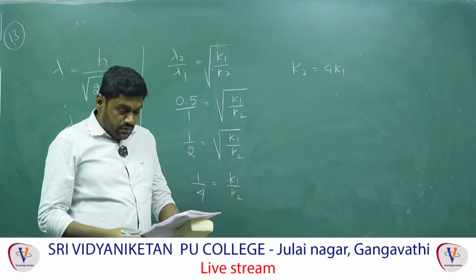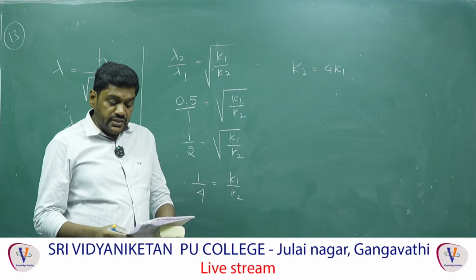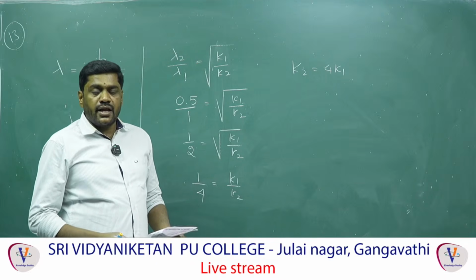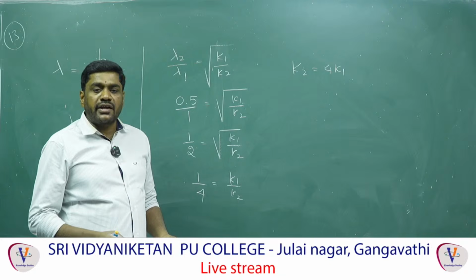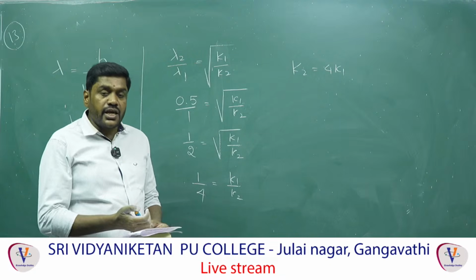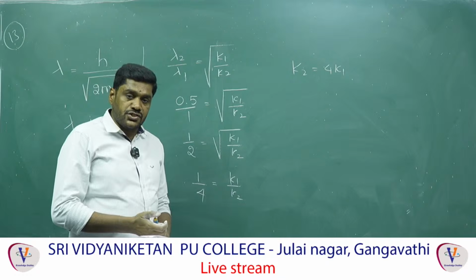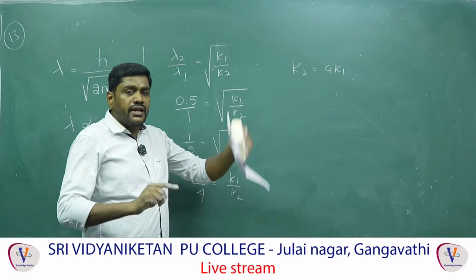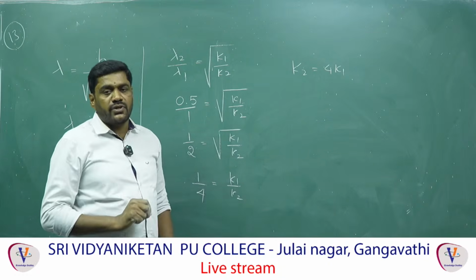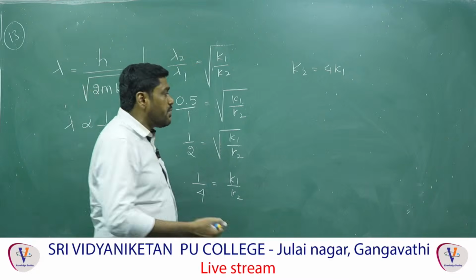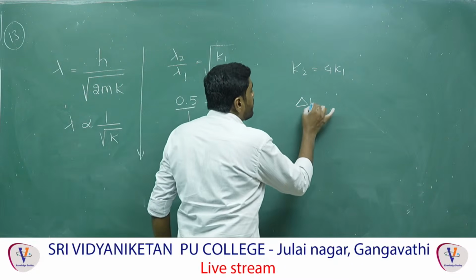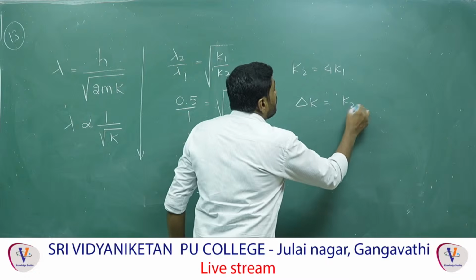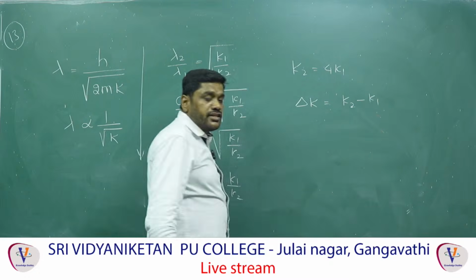But if you see the question clearly, they are not asking what the final kinetic energy is. They are asking how much energy will be added extra. The final energy is 4 times the initial energy, so how much is the change? The change is delta K equals final kinetic energy minus initial kinetic energy.